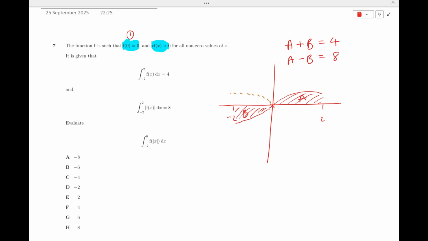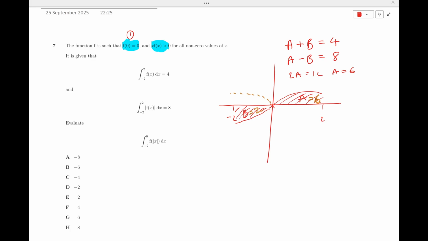And from there we can quickly see that 2A is 12 and therefore A is 6. And that's going to be important. So we've got A equals 6 and B equals therefore 2, or negative 2. You see, 2 is an area, negative 2 is an integral.